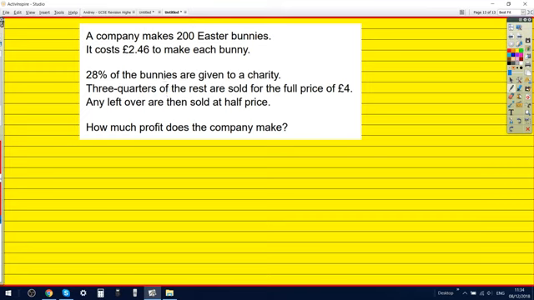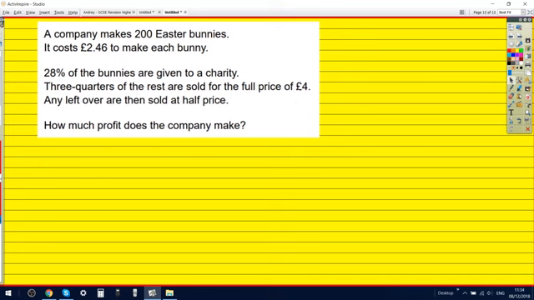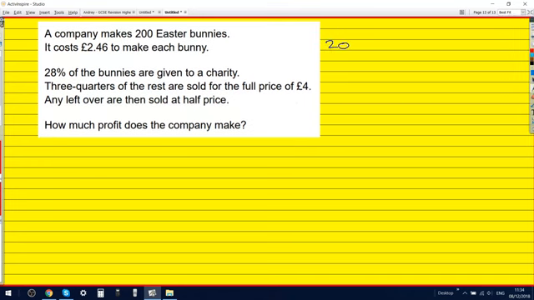So calculator. 200 Easter bunnies cost. Okay, let's just figure it out. So they make 200 Easter bunnies. It costs £2.46 to make each bunny. What's the total cost? Is it 200 times £2.46? Yeah.